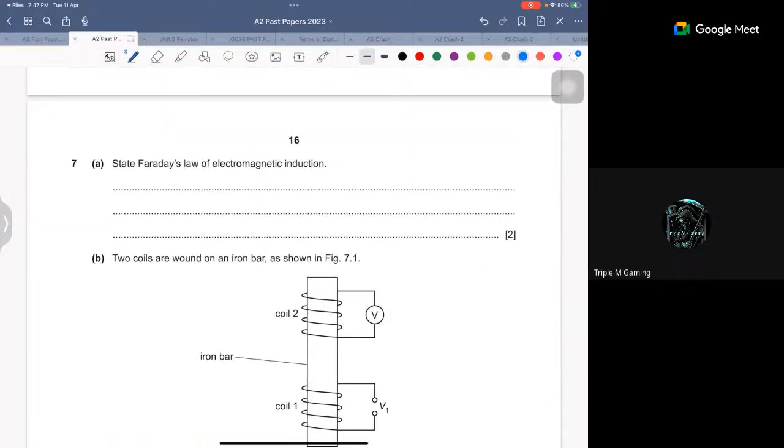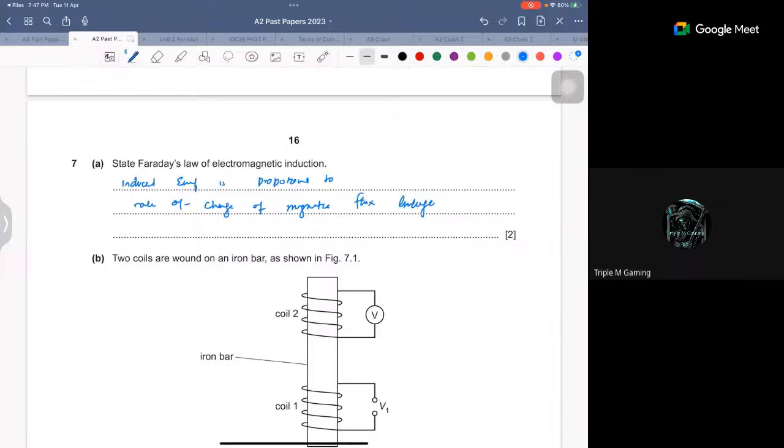State Faraday's law. Faraday's law is that induced EMF is proportional to the rate of change of magnetic flux linkage. That's what you write.